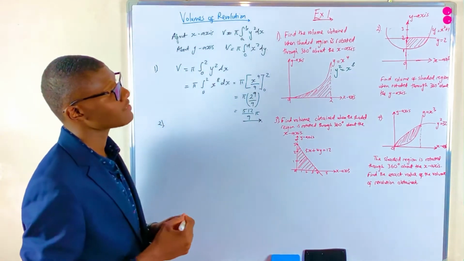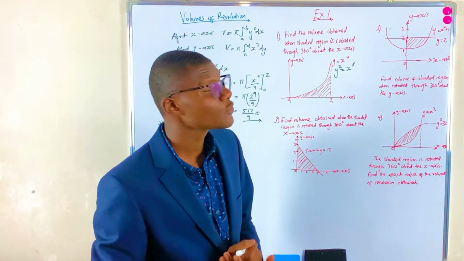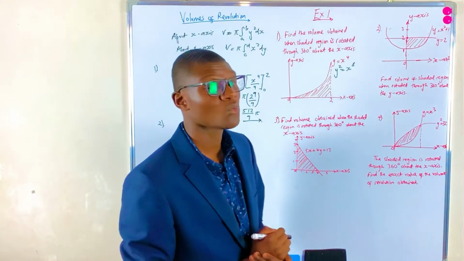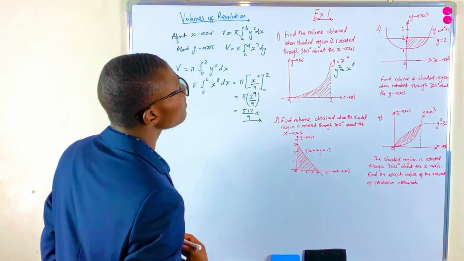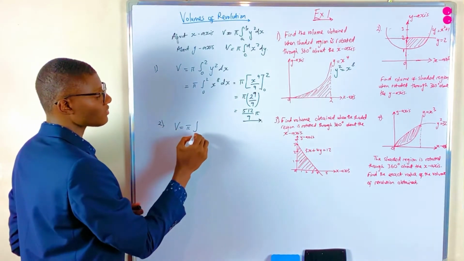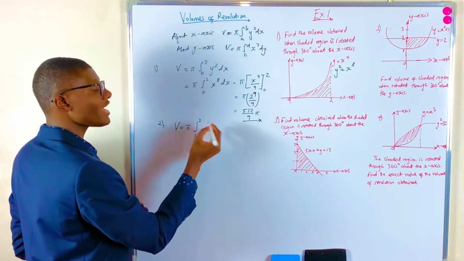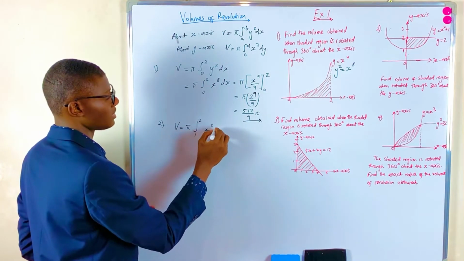Now moving on to number 2. Number 2 says find the volume of the shaded region when rotated through 360 degrees about the y-axis. So now we're rotating about the y-axis, we say V would be given by pi integral from the limit c to d, which is 1 to 2, of x squared dy.